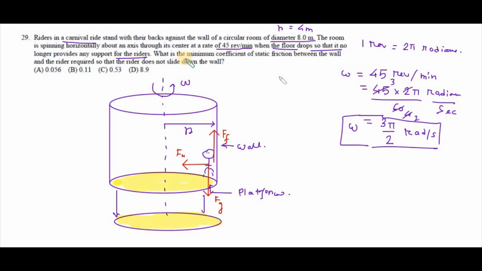What we have to determine is the minimum coefficient of static friction between the wall and the rider so that the rider does not slide down the wall. The frictional force developed between the wall and the rider is exerted in the upward direction and overcomes the gravitational force. So the gravitational force is the same as the frictional force; both balance each other.